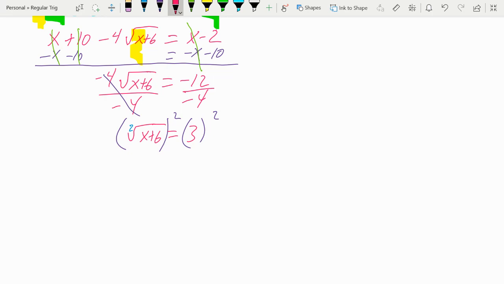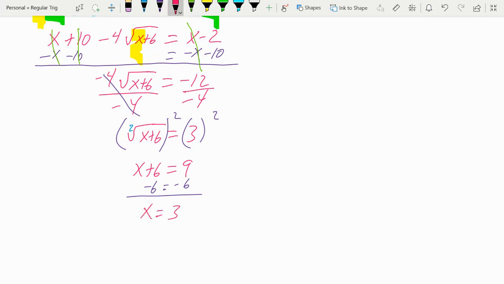Those 2's cancel, that exponent of 2 and that index of 2 cancel. So the square root symbol goes away. 3 squared gives me 9. And then, just like you've always done, subtract 6 from both sides. X is equal to 3.